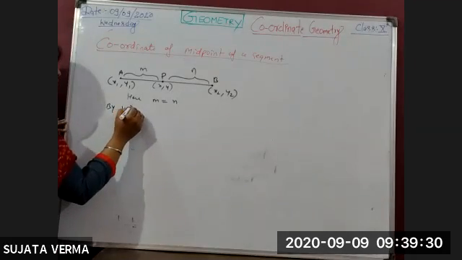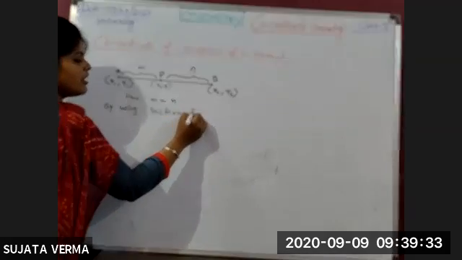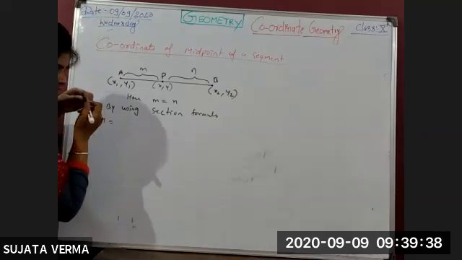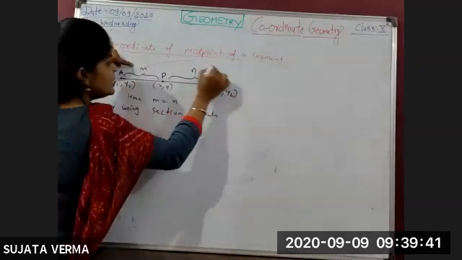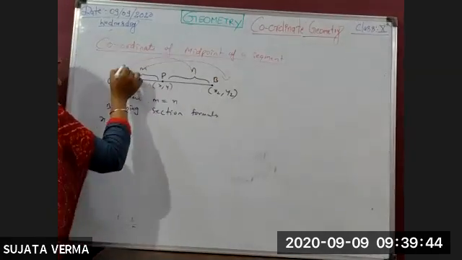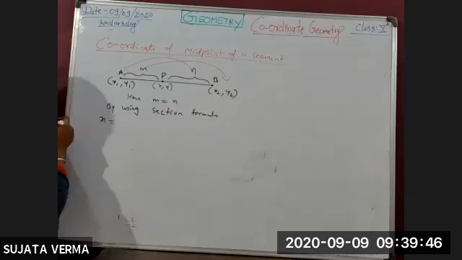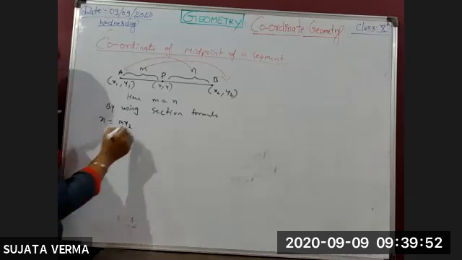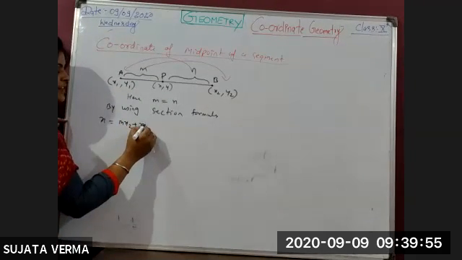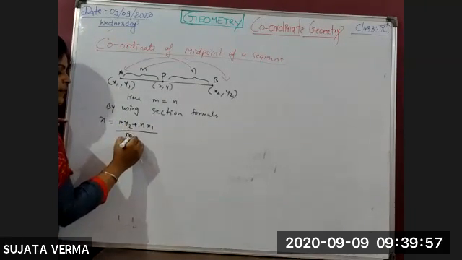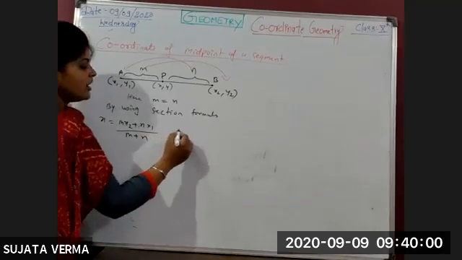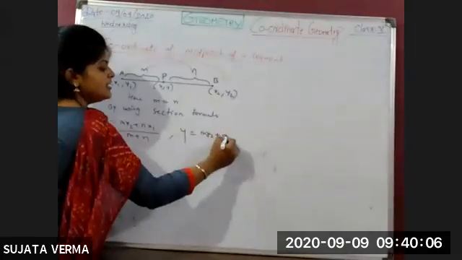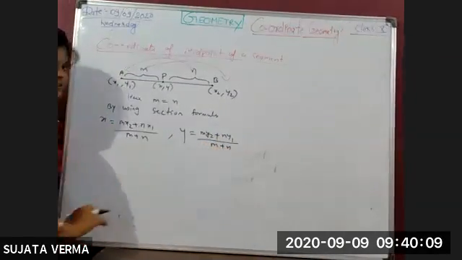By using the section formula, we write x is equal to M into B and N into A. So x is equal to M into x2 plus N into x1 upon M plus N, comma, y is equal to M into y2 plus N into y1 upon M plus N.